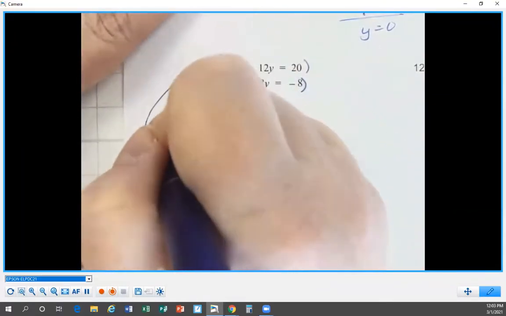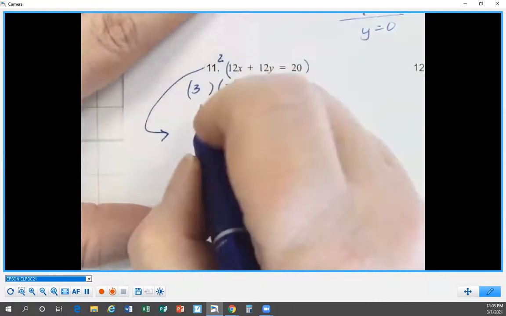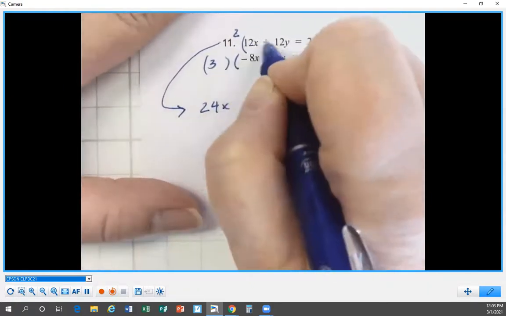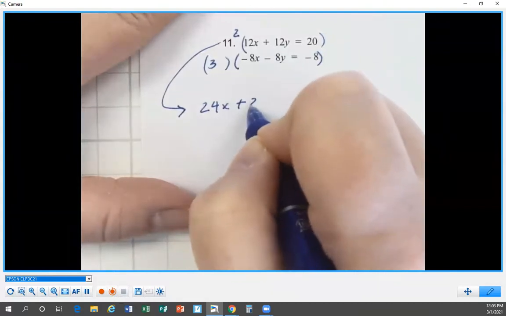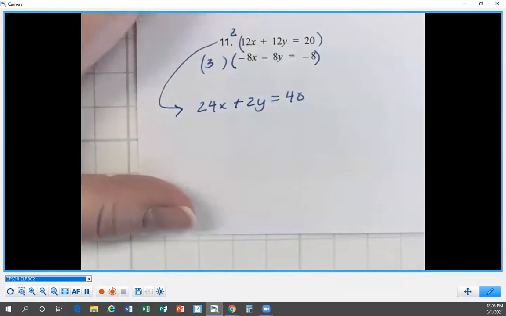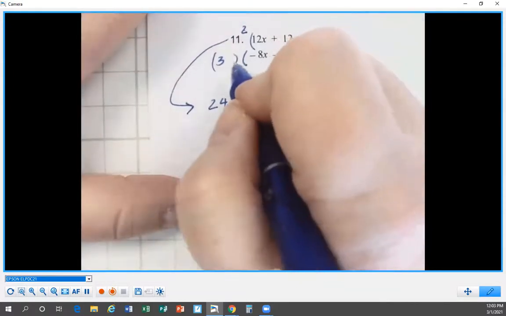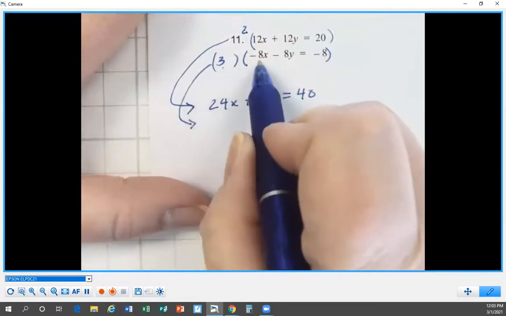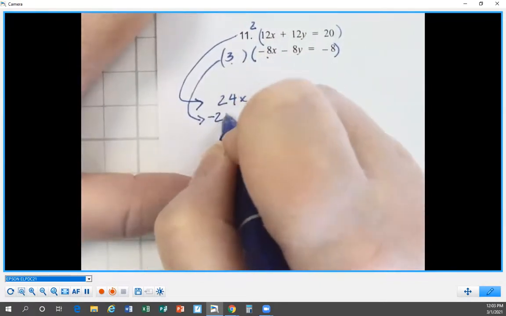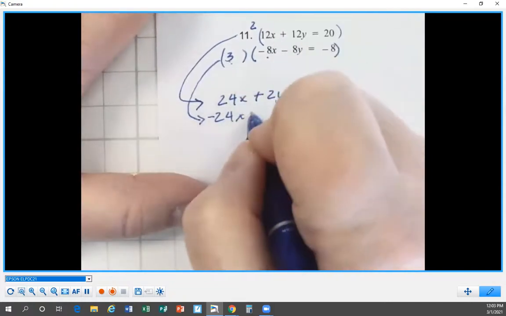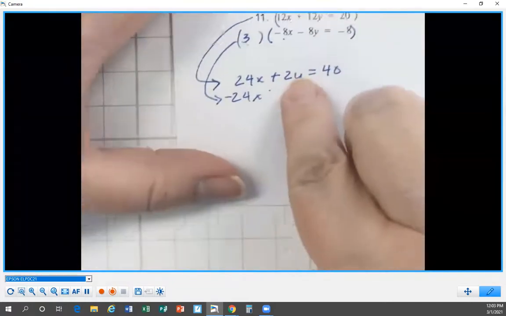So here's the first equation. 2 times 12x is 24x. 2 times 12y is 24y. And then 2 times 20 is 40. Then we'll do our 3. So here's our second equation. 3 times negative 8x is negative 24x. 3 times negative 8y is, oh, I forgot the 4 here. Let me fix that.